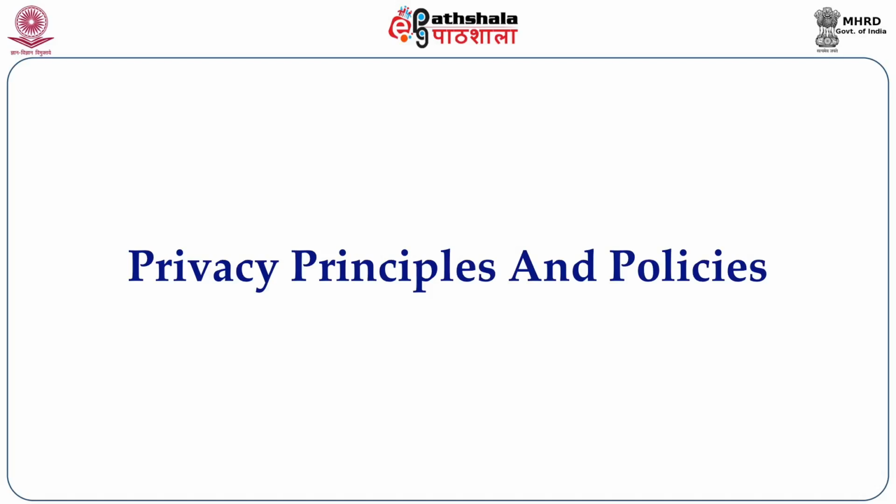Now we want to talk about privacy principles and policies. If we talk about United States interest in privacy and computer databases, it started in the 1970s. A committee was developed and privacy principles were formed that affected US laws and regulations, and the privacy legislation path was also set.